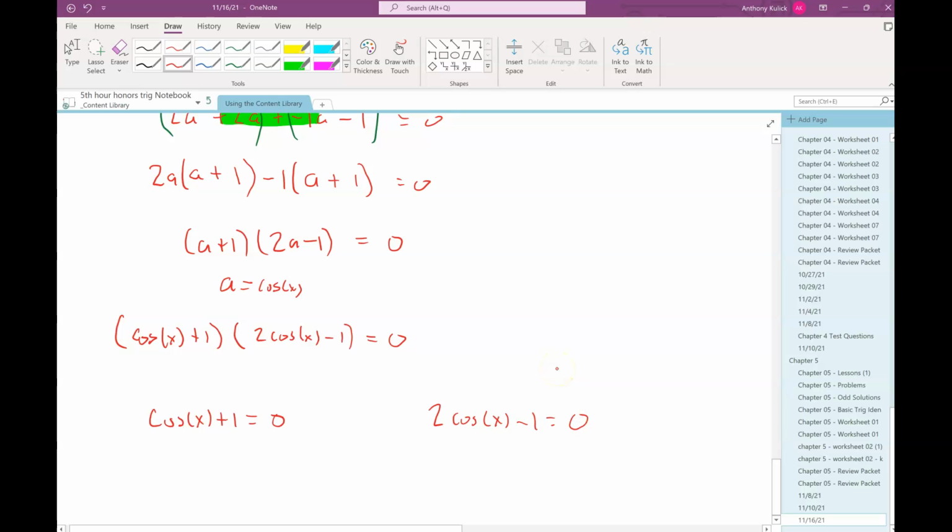As a reminder, the zero product property only applies when you have something factored equal to 0. If I had factored this and it was equal to 1, it doesn't allow me to do this. This is purely reliant on the fact that if you multiply two things together and you get 0, one of them has to be 0. I should say at least one of them has to be 0, right?